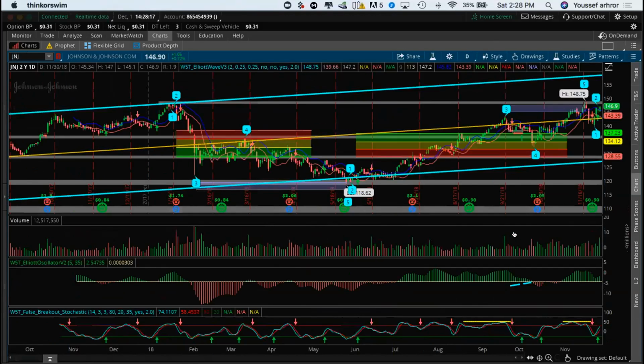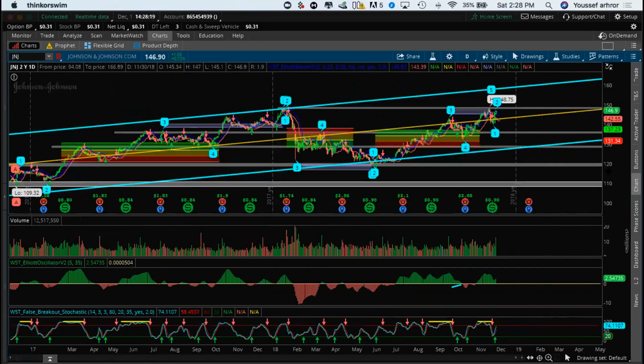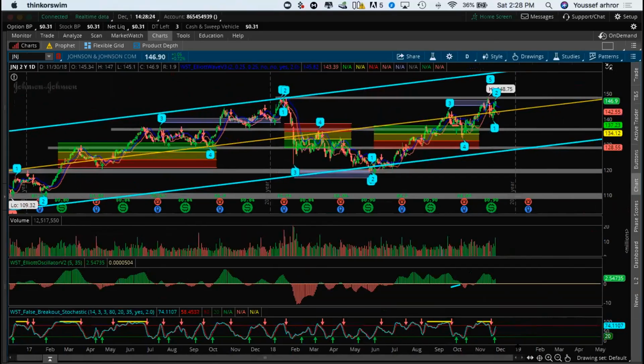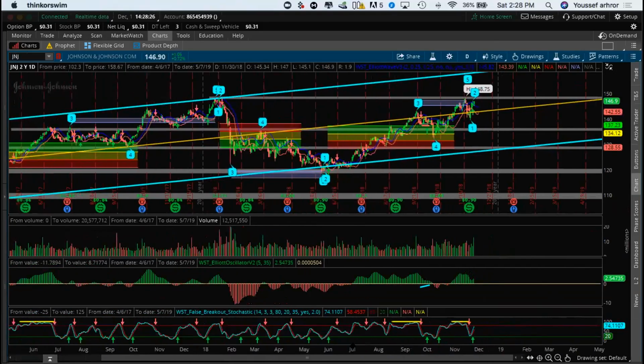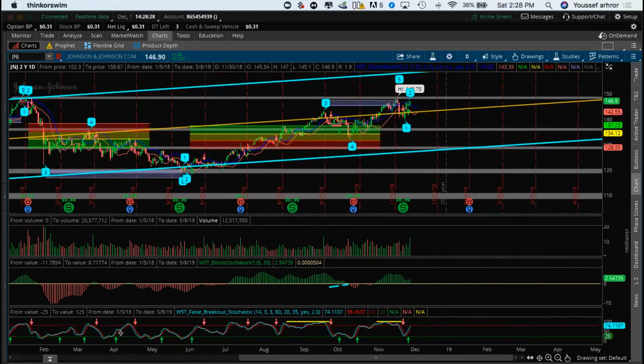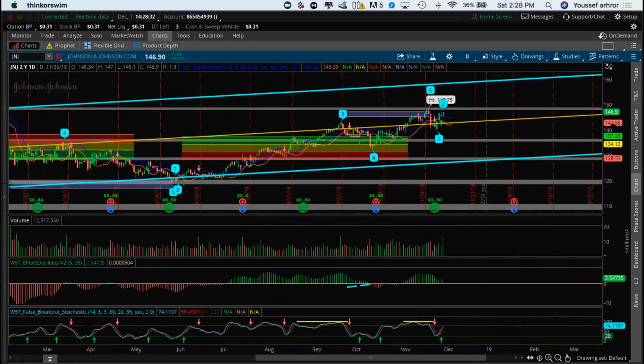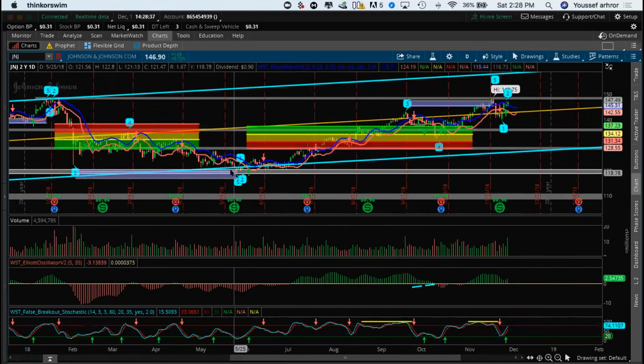Two years, daily. Now, for me, personally, I like to trade off a daily time frame. So the wave 4 pullback on the daily was a pretty good trade. We'd already bounced off the lower bound of the channel here.